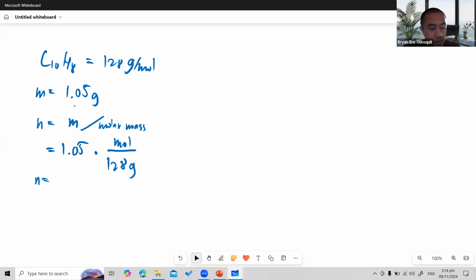So we have n of 8.203 times 10 raised to negative 3. So yeah, this one is now in terms of moles.